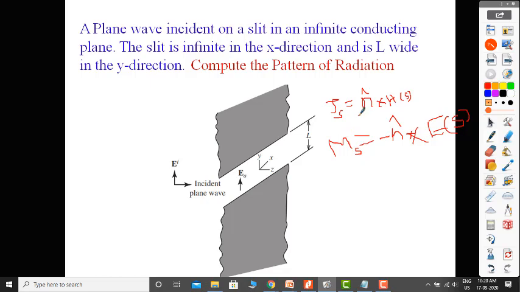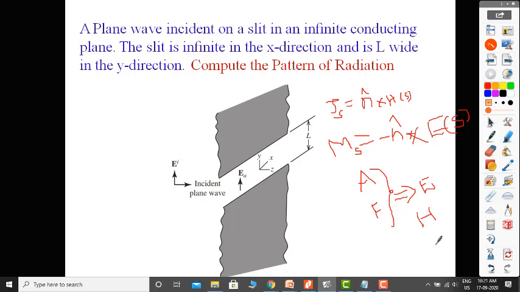Once we formulate the tangential electric and magnetic fields over the aperture as the corresponding current densities Js and Ms, the next step is to compute the potential A and another potential F. After computing A and F, we can compute the total electric field due to the potentials A and F, and then we can compute the H at the far distance.